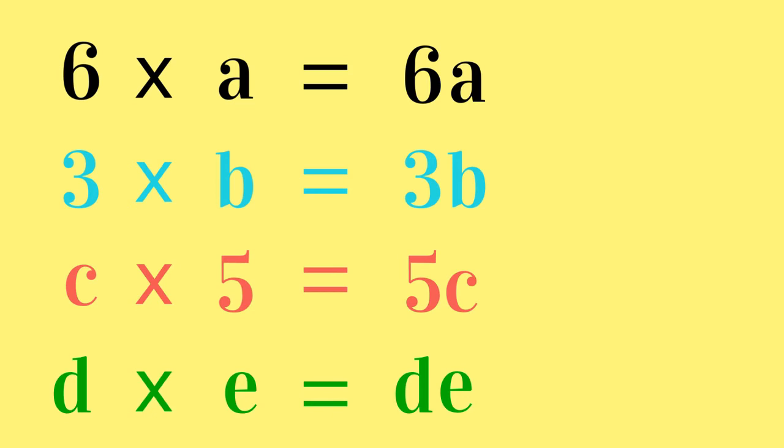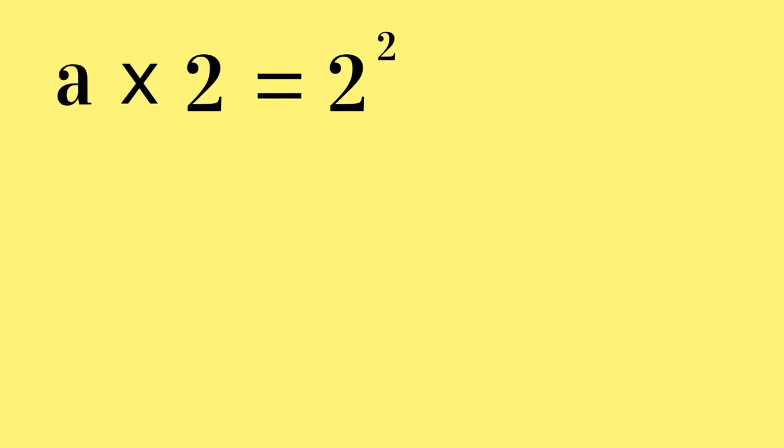If you multiply a number by itself, you would get that number squared, such as 2 multiplied by 2 is 2 squared. The same is true using variables. So a multiplied by a is a squared.